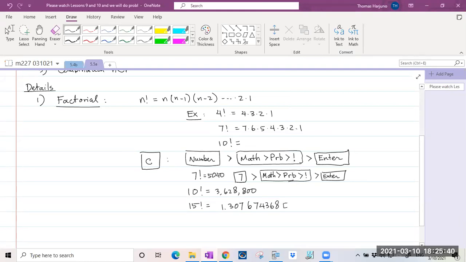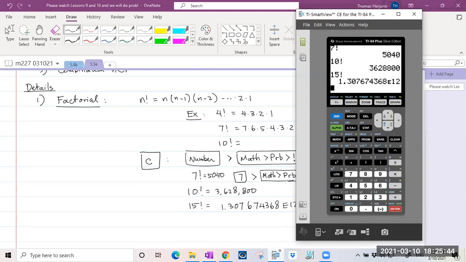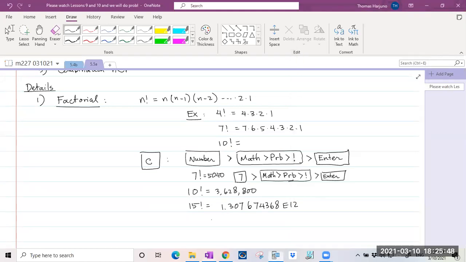Oh, what does this mean? This basically means 10 to the 12. So this one here still has 11 digits to the right of the decimal point.